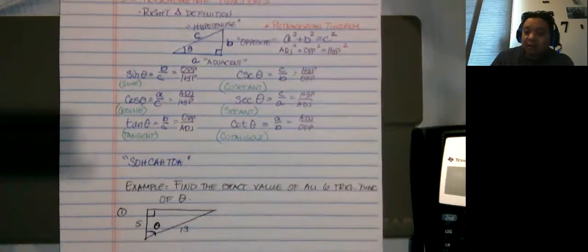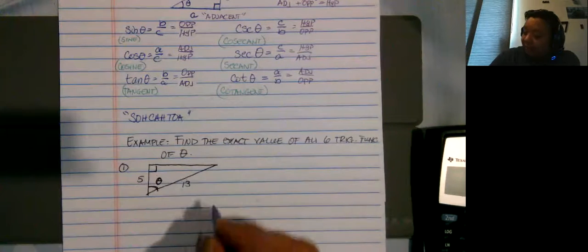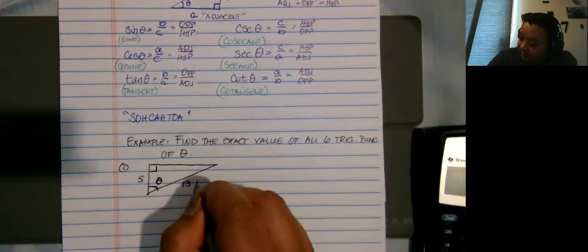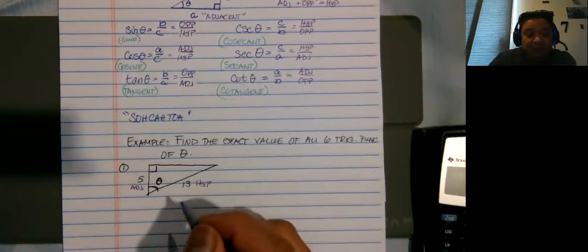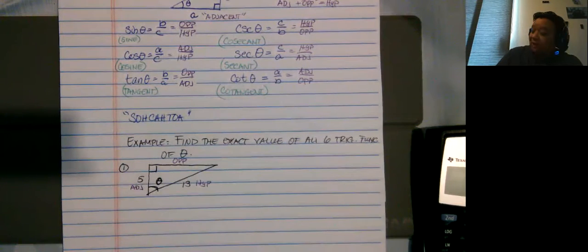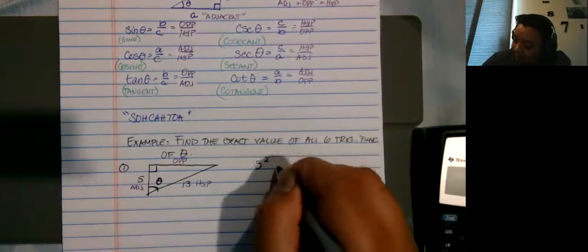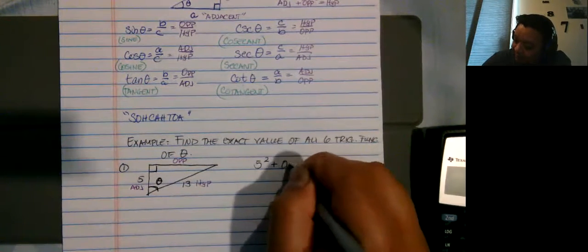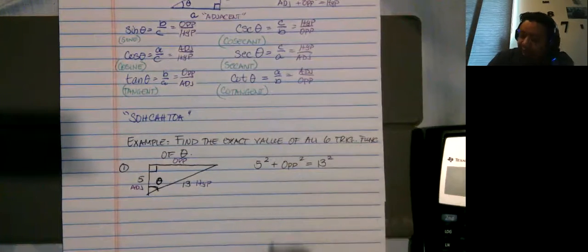Based on what I have right here, 13 is the hypotenuse. 5 is the adjacent, right? Because it's right next to my angle theta, then that means this is the opposite. So to find the third side, according to the Pythagorean theorem, the adjacent squared plus the opposite squared is equal to the hypotenuse squared.